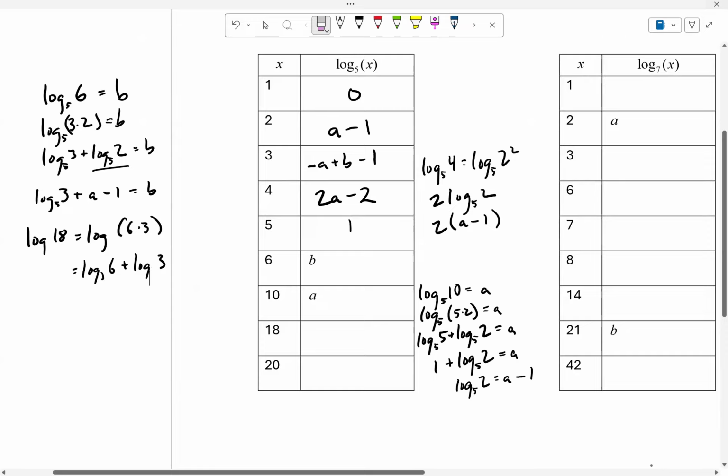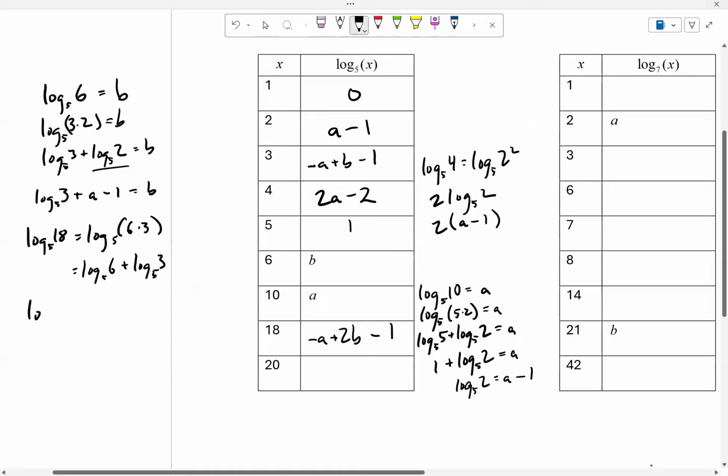Excuse me, I was wondering why that was a little bit too easy. I know log base 5 of 6 and log base 5 of 3 from the work that we've done already. So I'm just going to take these two and add them together, giving me negative A plus 2B minus 1.